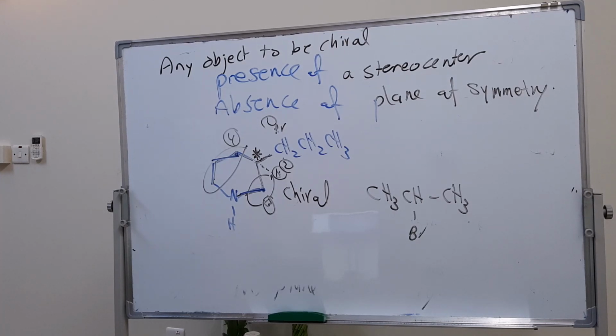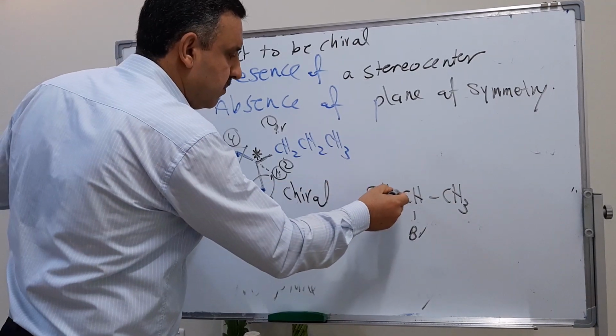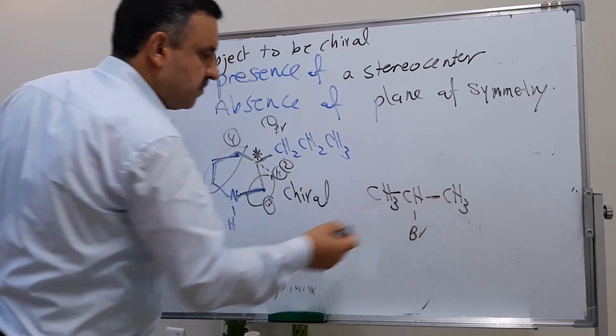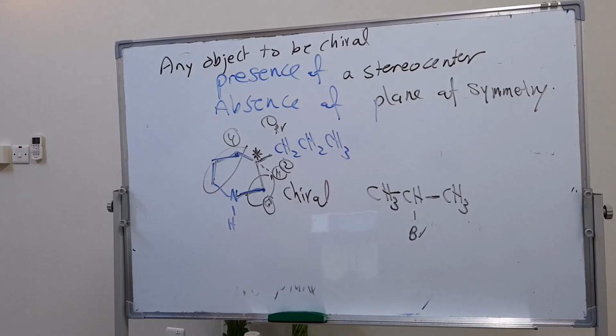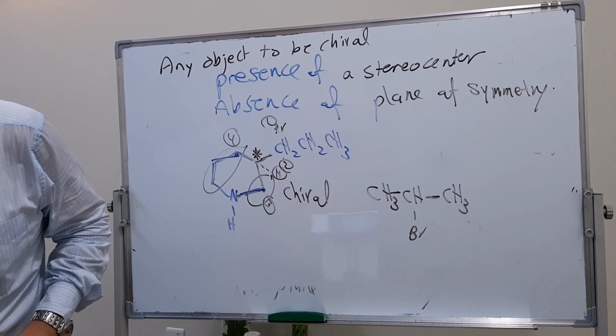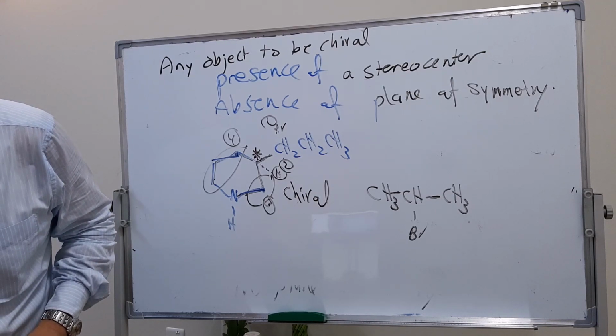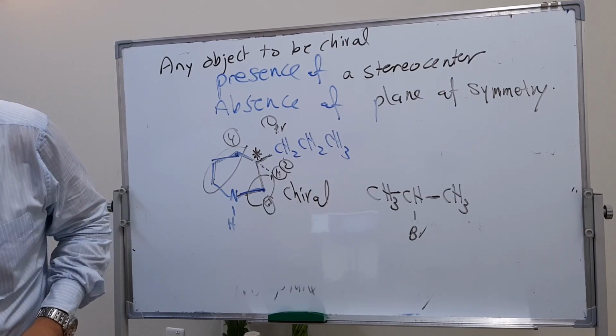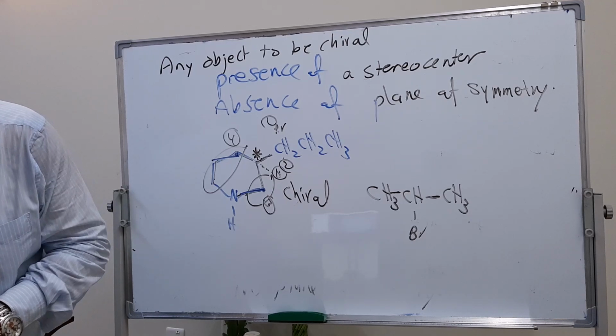That is 2-bromopropane. Is this molecule chiral or achiral? It is achiral. Why, Maria, is it achiral?